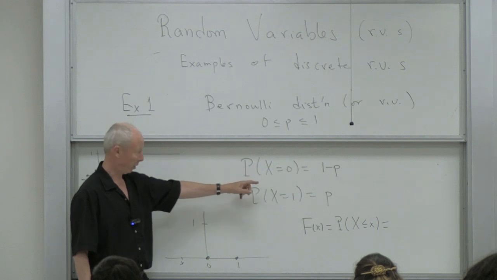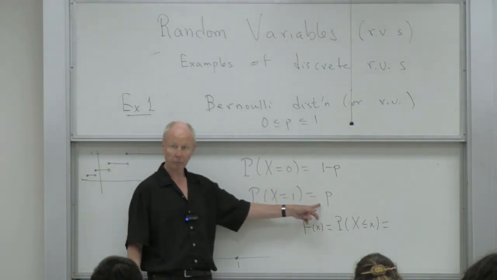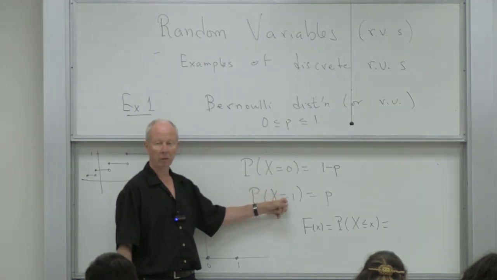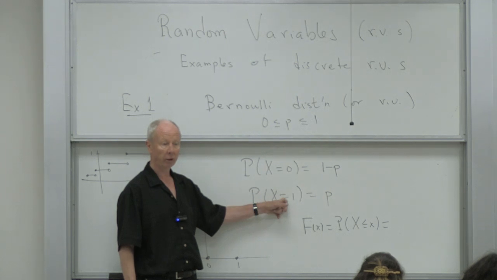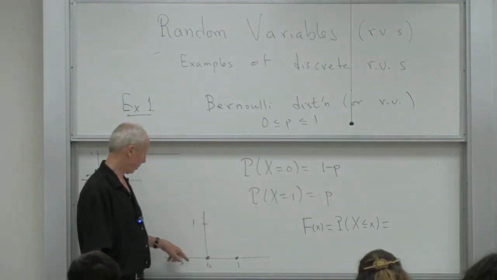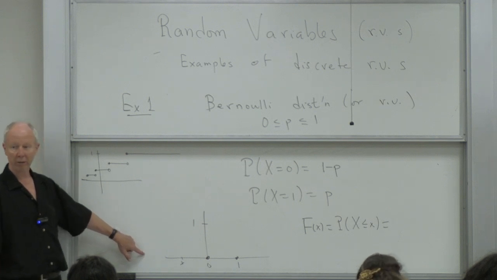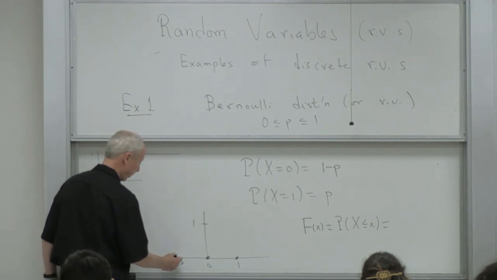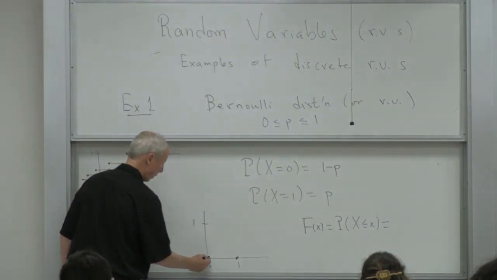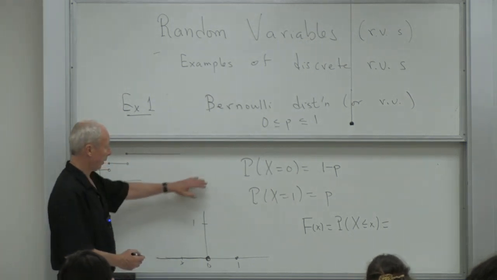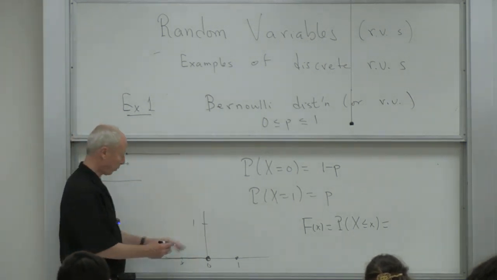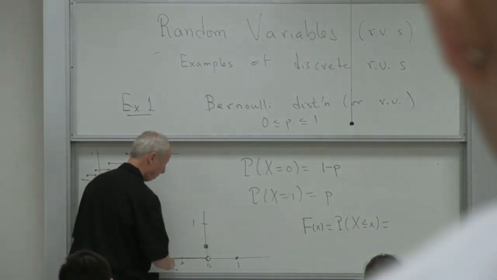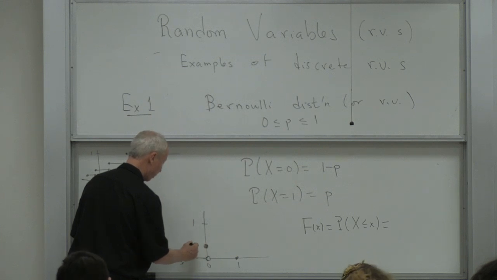And that exhausts everything because what's 1 minus p plus p? 1. So the union of X is 0 and X is 1 has probability 1. They're disjoint, right? So what's the probability that capital X is to the left of anything over here? 0. So the distribution function is 0 until I get to 0, and then it jumps. The value at 0 is 1 minus p, so I jump up to 1 minus p here. So this circle down here is empty, and then I jump to 1 minus p.